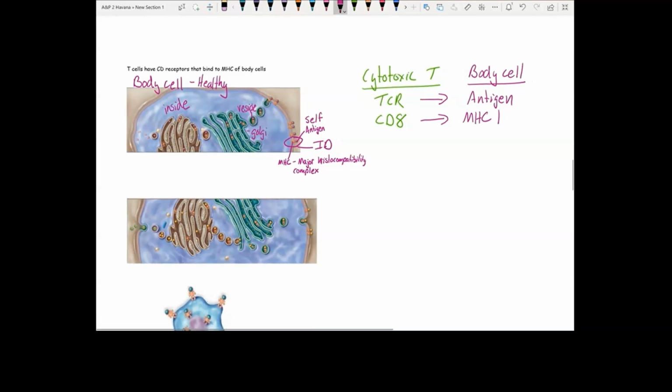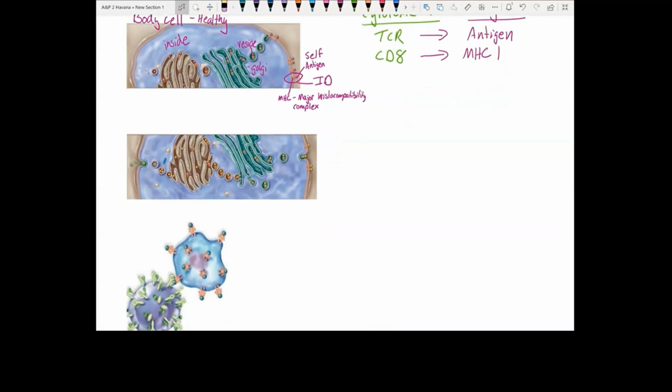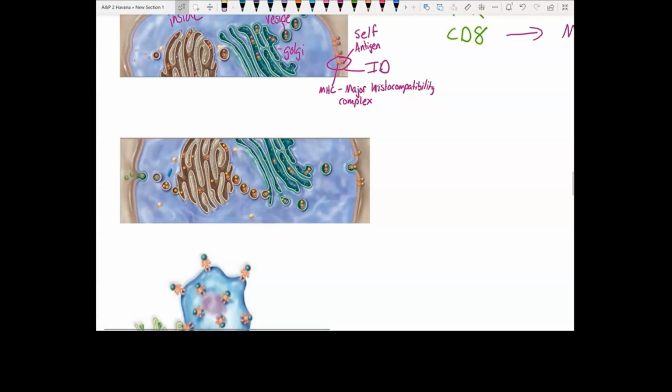Let's look at the next cell. This one is an infected cell. Okay, here you can see, here's the pathogen. The pathogen has entered the cell and the cell is sick.